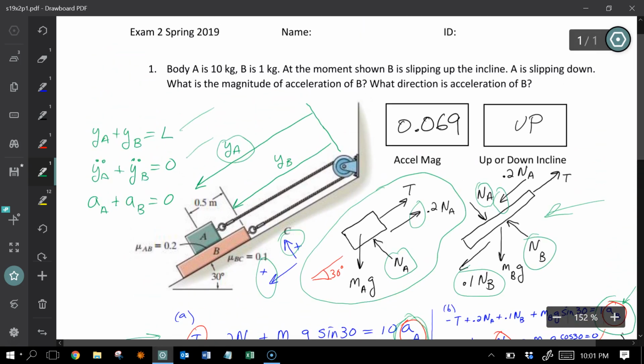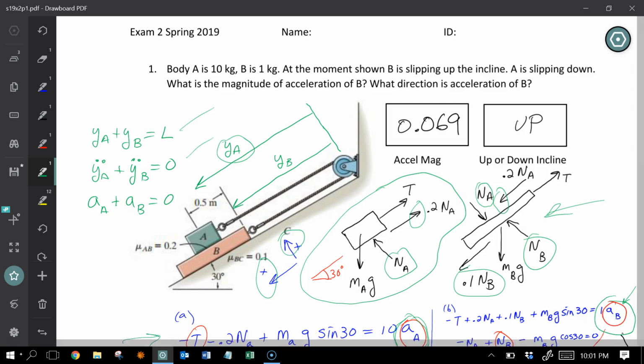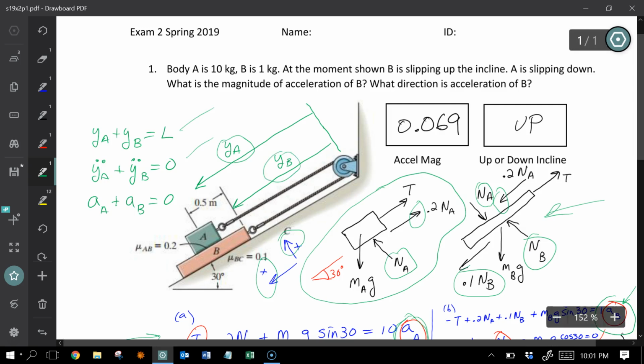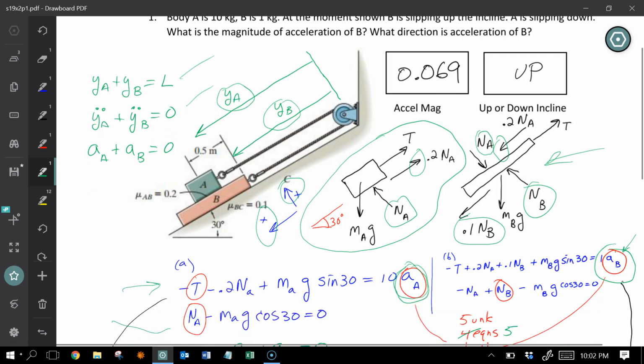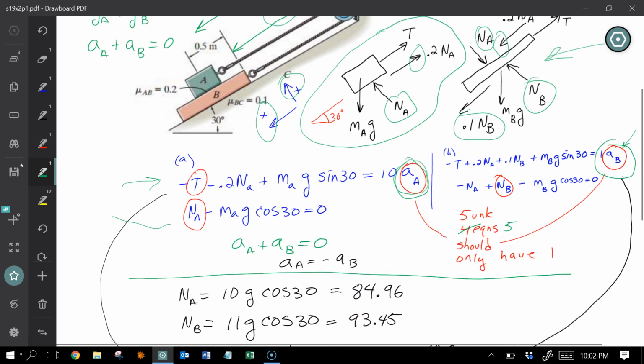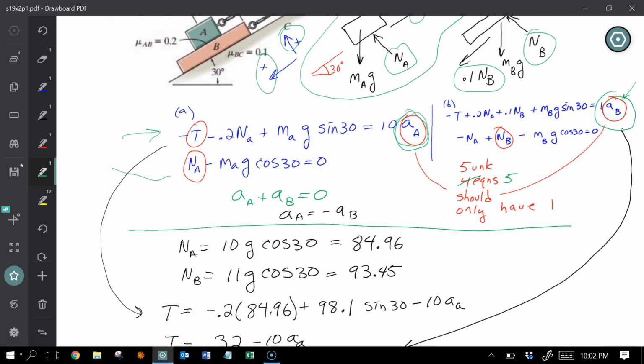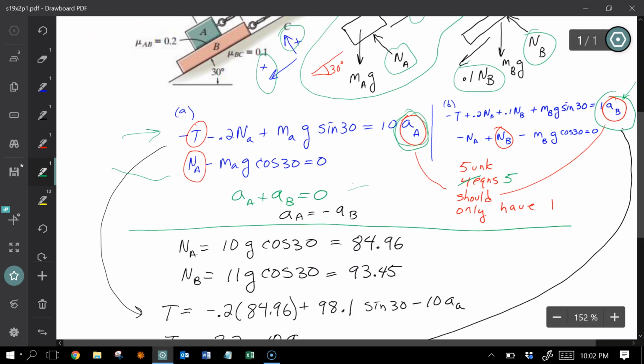Okay, if YB is getting bigger, then B is going down the incline, and down the incline is what I called positive acceleration of B. So YA double dot equals the acceleration of A, and YB double dot is equal to acceleration of B. So I bring that equation back down here. Now I have 5 equations and 5 unknowns, so I can solve for it.